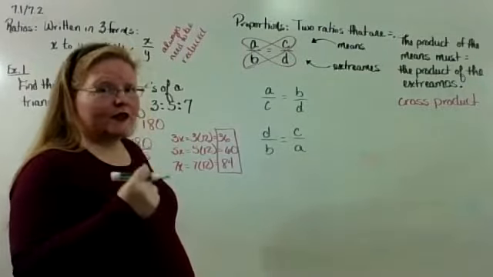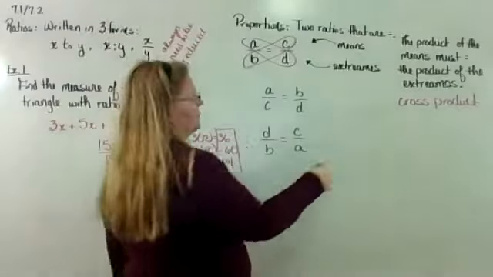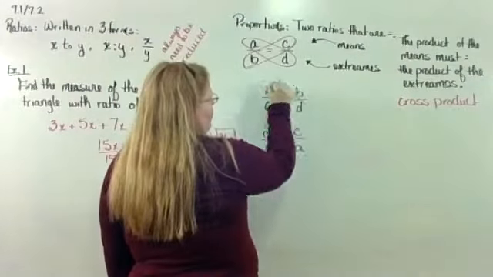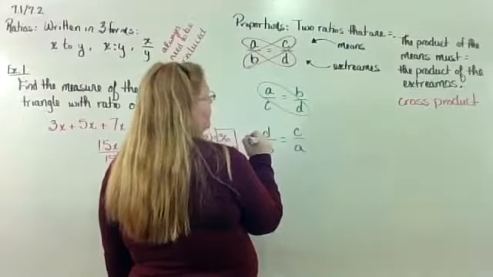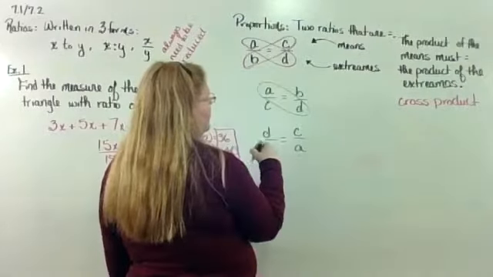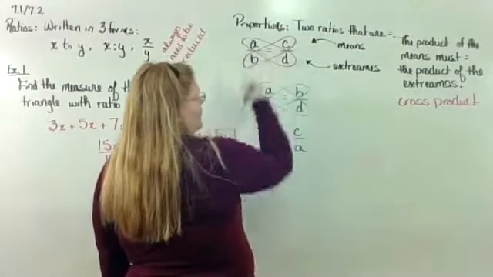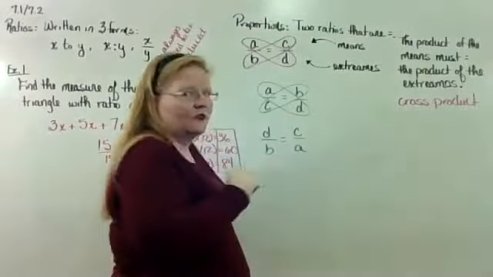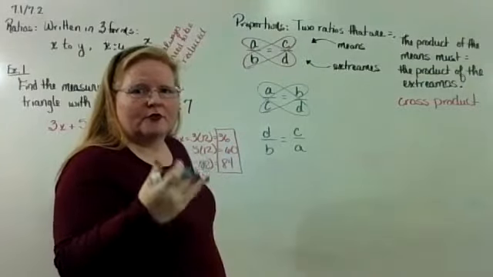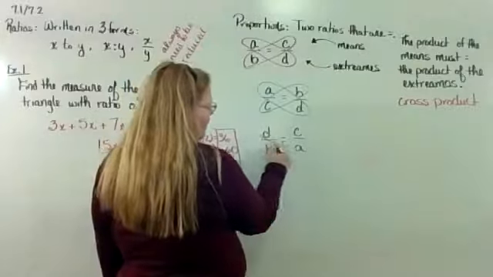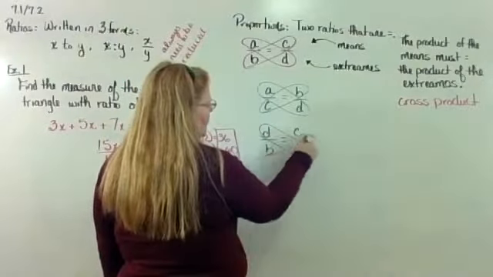That's the important thing. As long as it doesn't change the cross product, you're cool. So here I would still have A times B, just like I had A times D there. Here I still have C times B, just like I had C times B there. Doesn't matter which one comes first. You got commutative property for that. So since the cross products stay the same, we're all good.